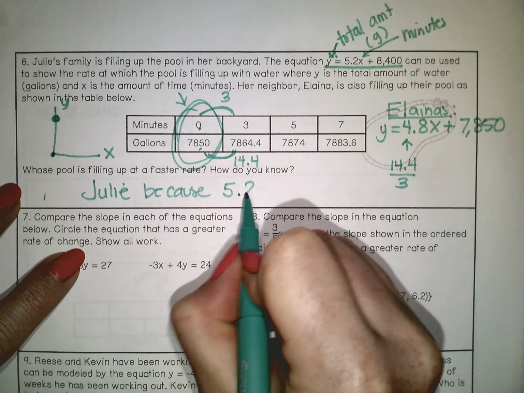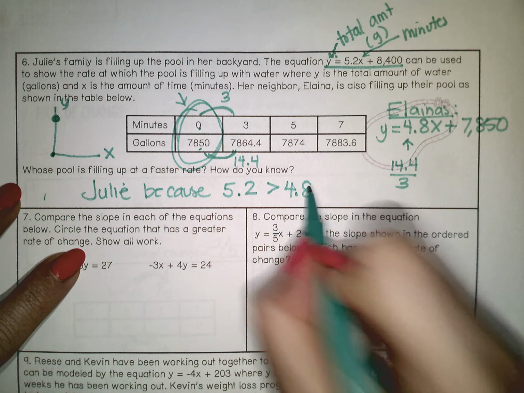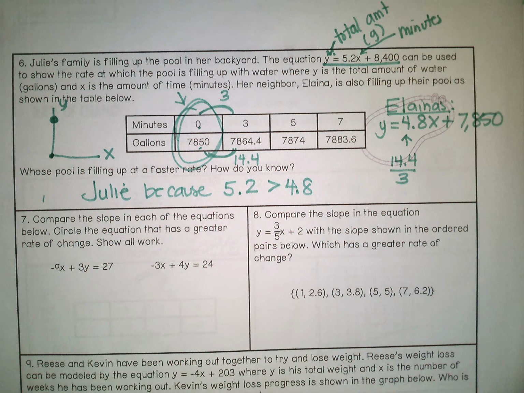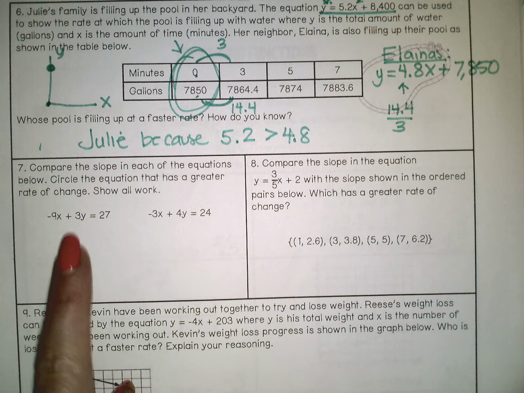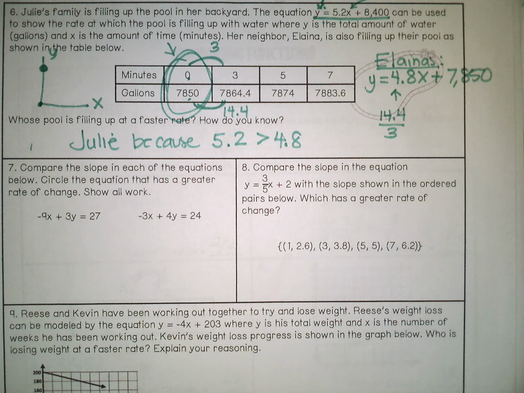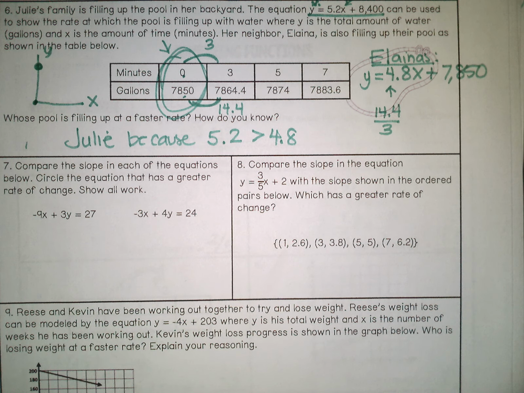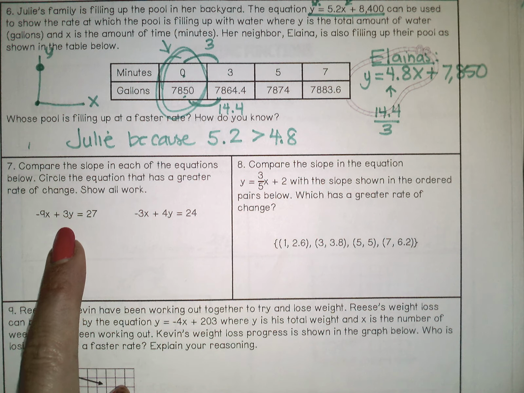Okay, number 7. Compare the slope in each of the equations below. Circle the equation that has a greater rate of change. So what I want us to do is, is it hard to find your rate of change here? What do you need to do to both of these equations in order to find the rate of change or slope? We should be getting them into slope-intercept form. So first, get this equation into slope-intercept form. Is y equals 3x plus 9 in slope-intercept form?